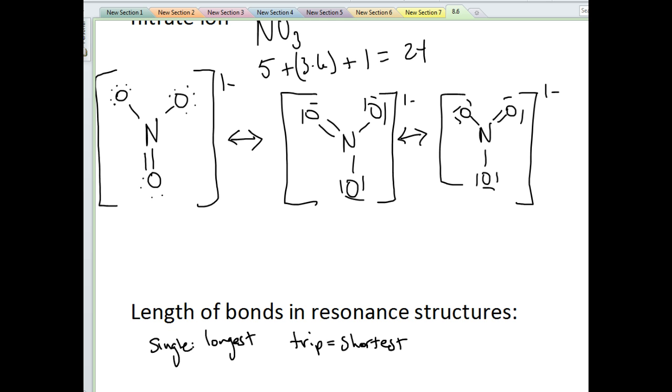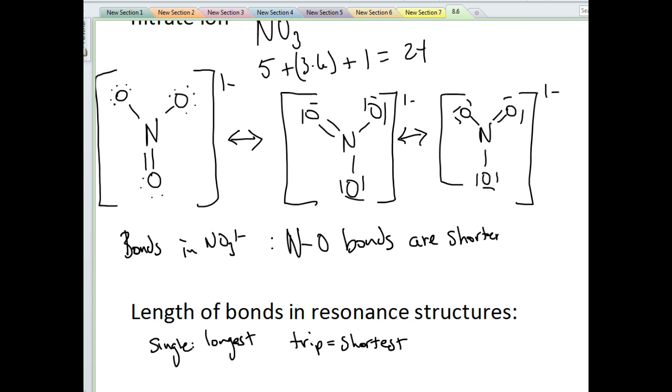So really what would happen here, we could say that the bonds in nitrate, and it's being specific, the nitrogen-oxygen bonds, these are going to be shorter than a single, because remember single are the longest.